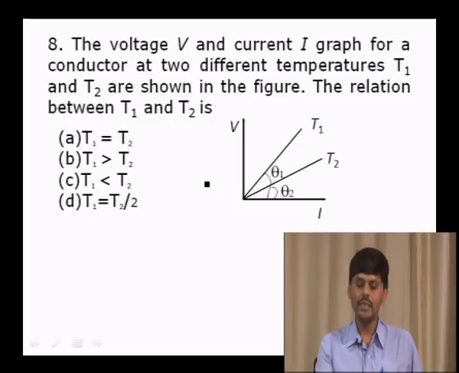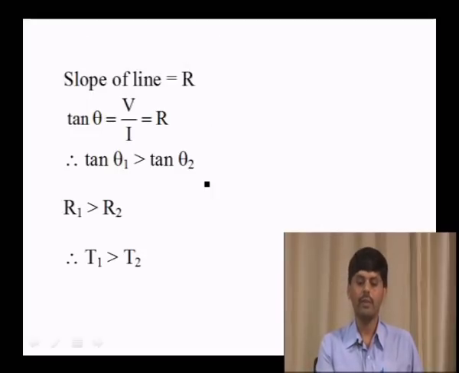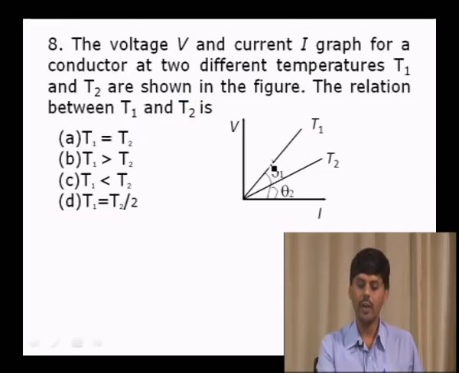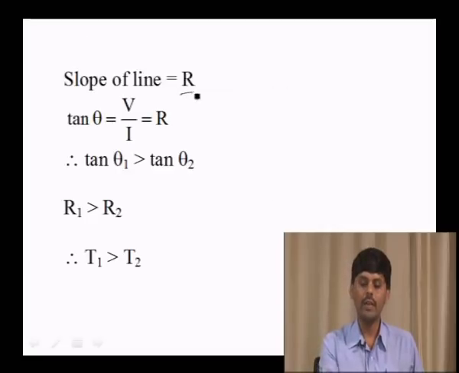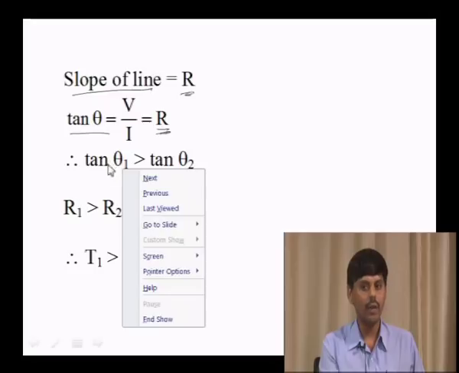From this graph we can calculate the slope of the line, anywhere you can calculate. The slope of the line gives the resistance of the material, which is nothing but tan theta, voltage by current. If theta is more, then the tan theta value is more.